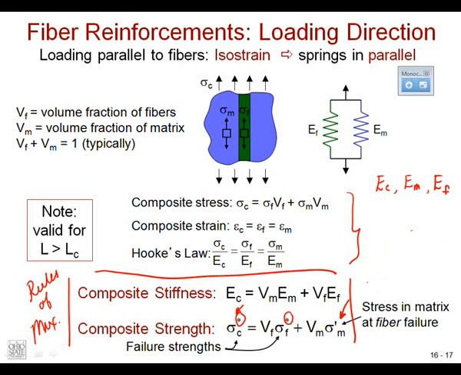So the stress in the matrix when the fiber fails. So we're not talking about the yield strength or the tensile strength of the matrix itself. We're talking about a different property for strength. And so thinking about what the strength might be is a little bit less straightforward, but we can definitely get the max possible stiffness.